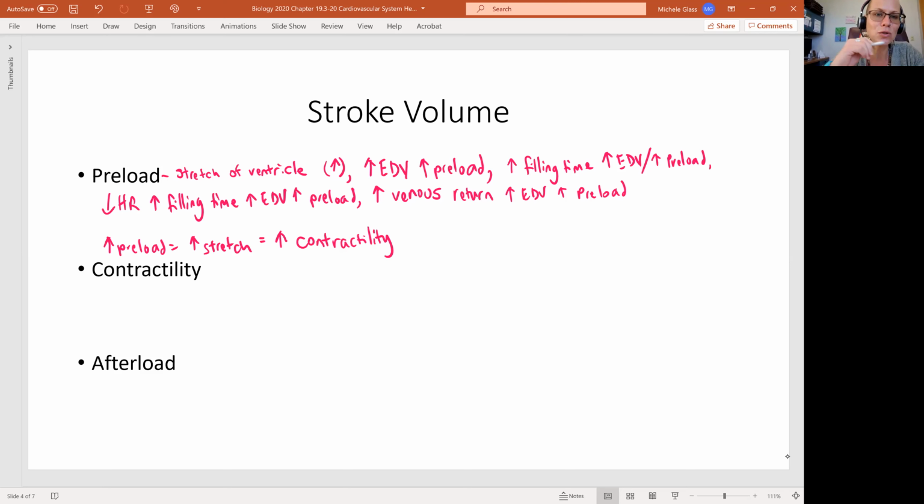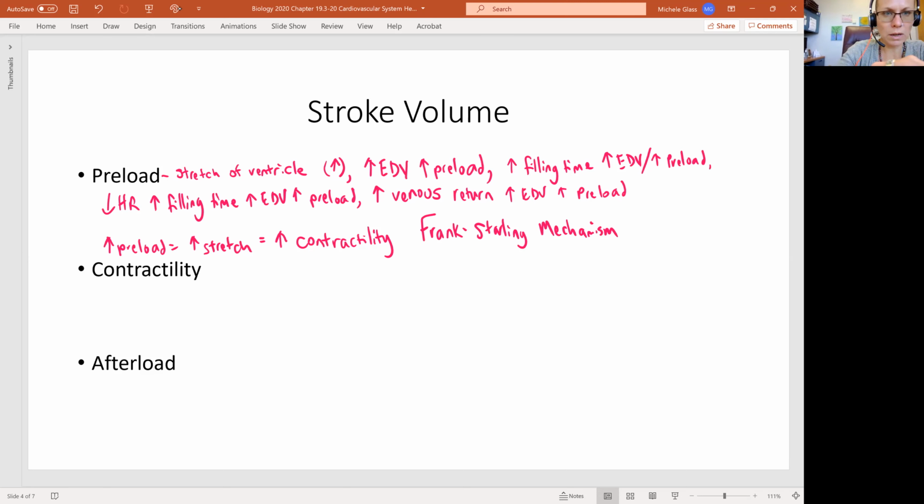And so we have this direct relationship between the preload and the contractility, and this is described as the Frank-Starling mechanism. This relationship between preload and contractility.